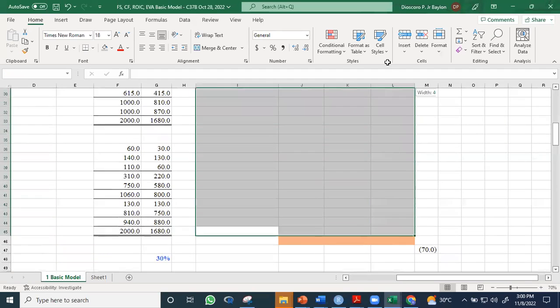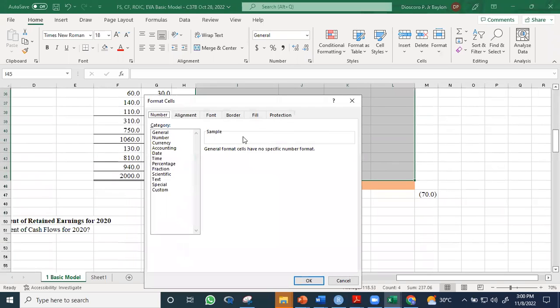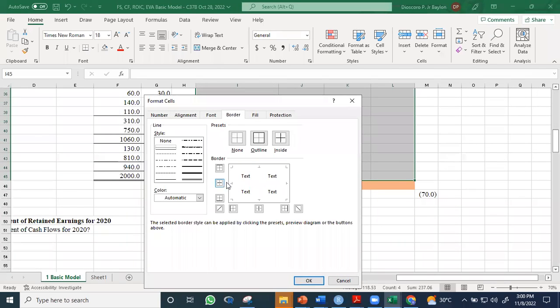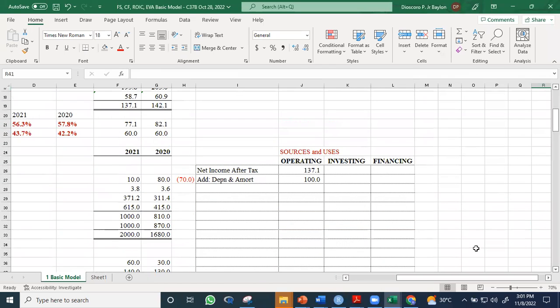All right, so let me just press Control 1 and put borders here so that we can see. Okay. All right. Just place an outline so that we can easily see.